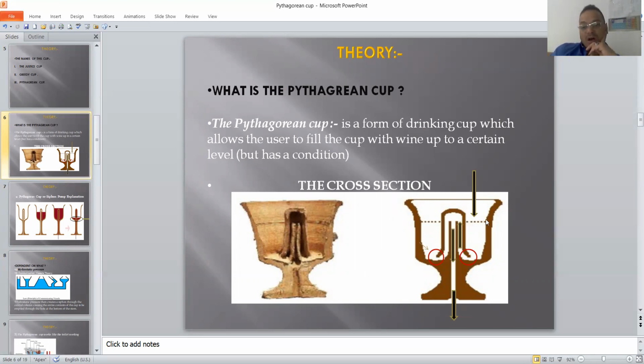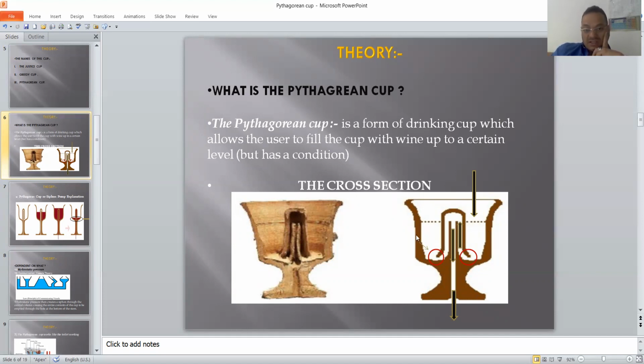Let's talk about what this line is and let me explain. This shows the limit, the condition of this cup. If you skip this level, you will face something you surely will not like. That means when dealing with this cup, we must be careful with this line, okay?